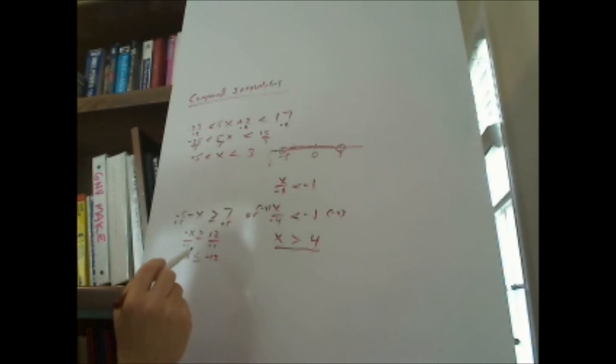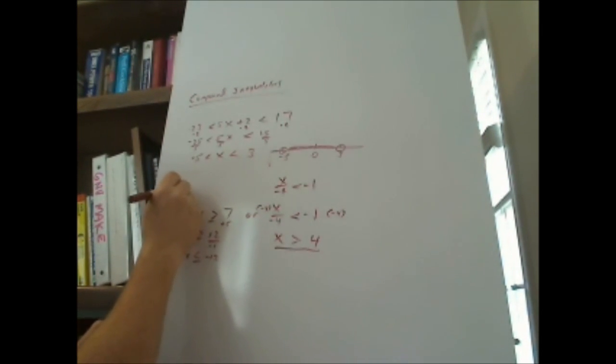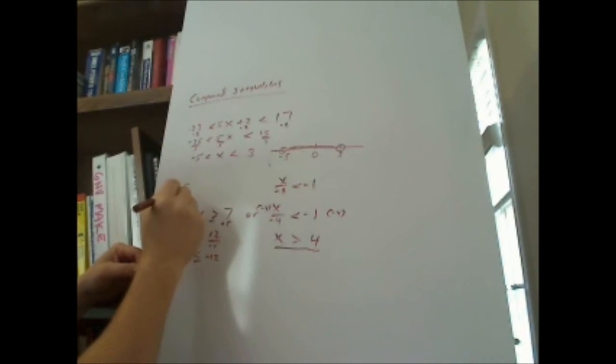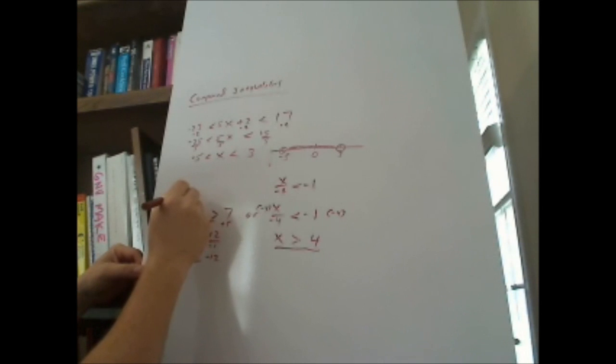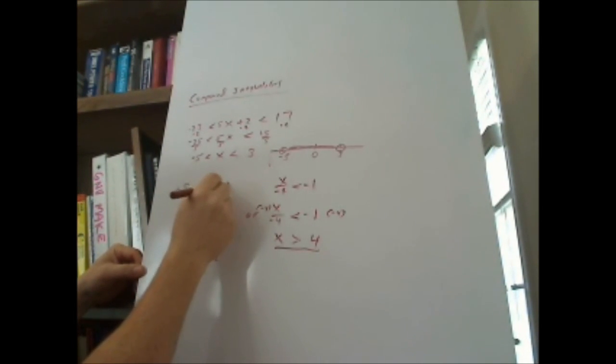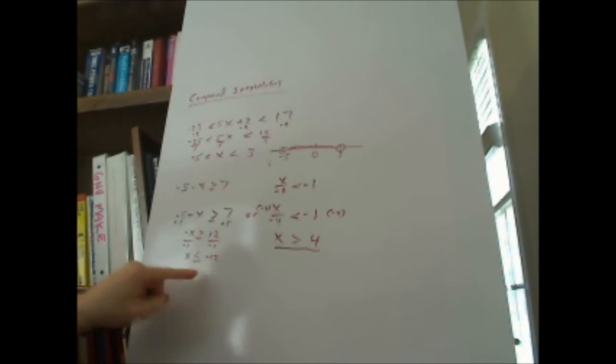And then right here, we go back to the original equation, which is minus 5. Yeah, it is minus 5. Minus 5 minus x is greater than or equal to 7. Okay, here's your solution. x is less than or equal to minus 12.